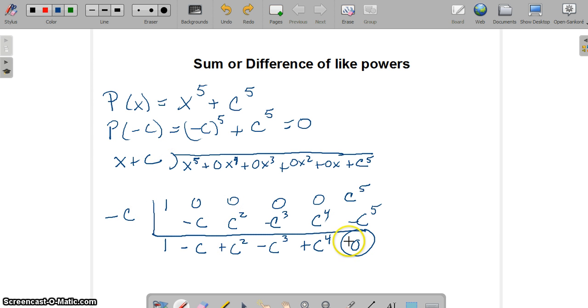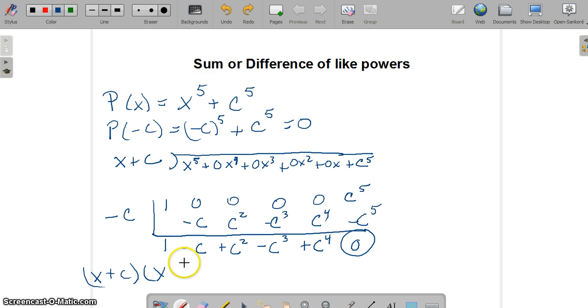So basically what I just did is this long division problem without having to go through the long division. What I've shown is x plus c is a factor, and then these are the coefficients of what's left. This is always going to be 1 degree lower.